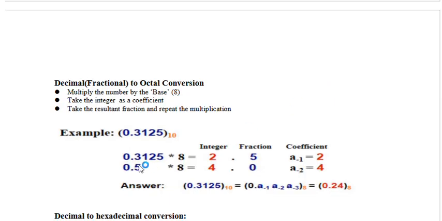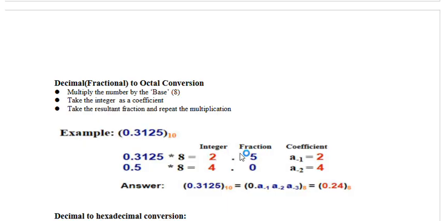Now let's understand the fractional part. Same, we have to do multiplication by 2, sorry, it's octal, so we have to do multiplication by 8. Okay, so if you see here 0.3125, which is a fractional part of base 10, a decimal fractional part. Now we have to convert this thing into octal. So how to convert? First we take this fractional part and multiply with 8.